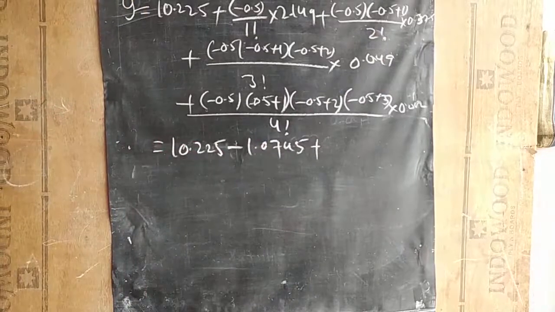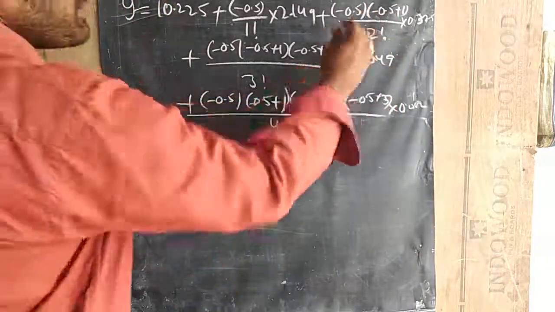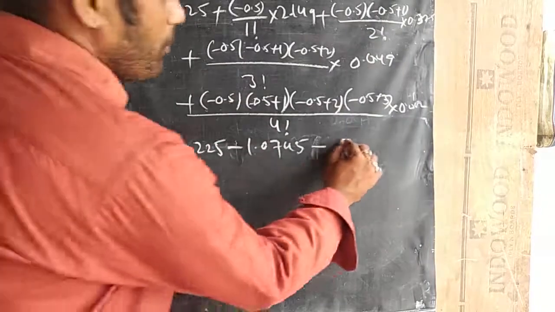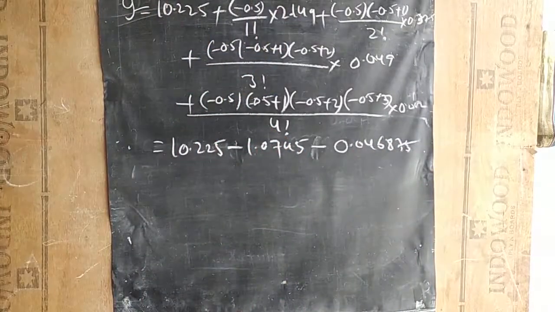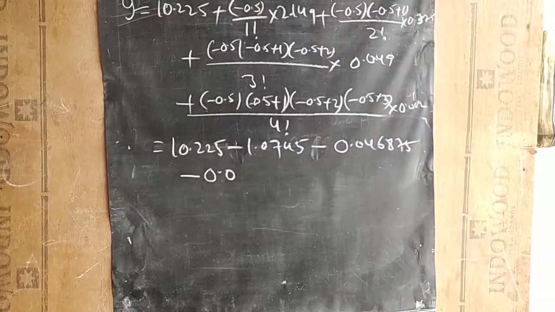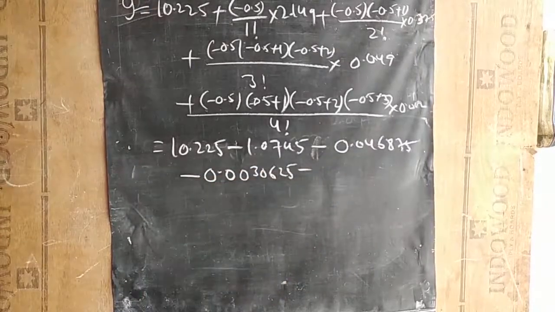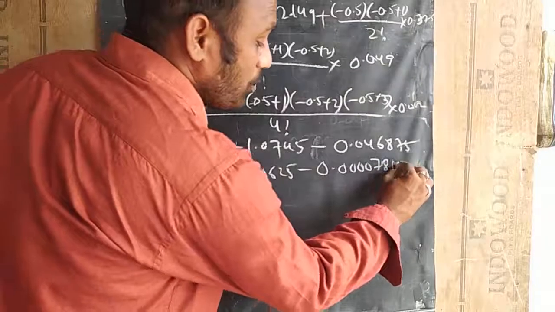Simplifying that, we are going to get 0.046875, minus 0.030625, minus 0.000078125.